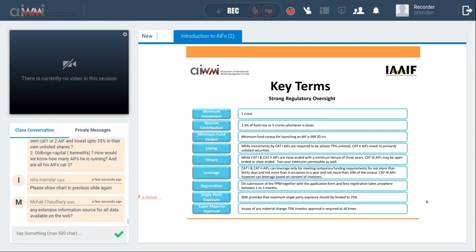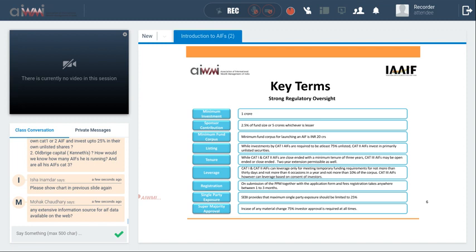So yes, there are extensive information sources for AIF data. You can look at Nishith Desai's fund structuring booklet. SEBI itself discloses the entire business volumes in AIFs, which categories have raised how much money, as well as registrations. And very soon, I think we'll also have performance data coming in.